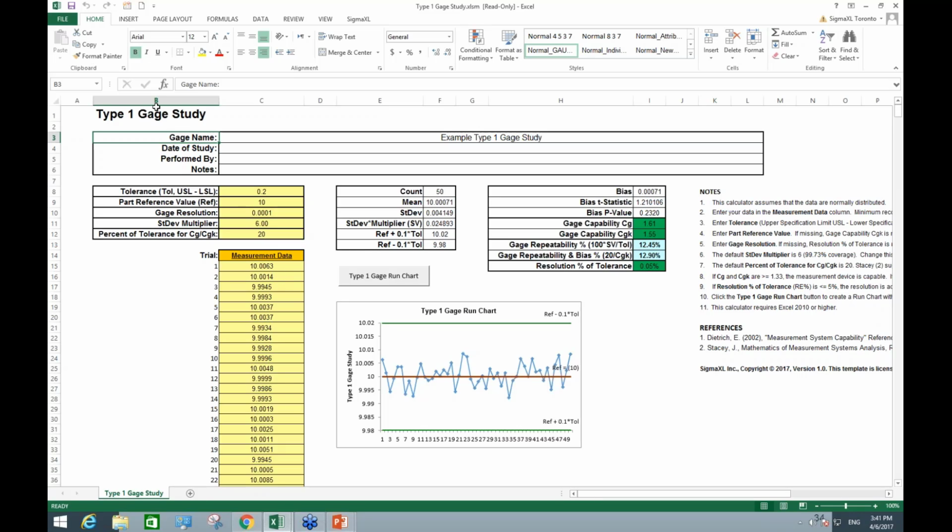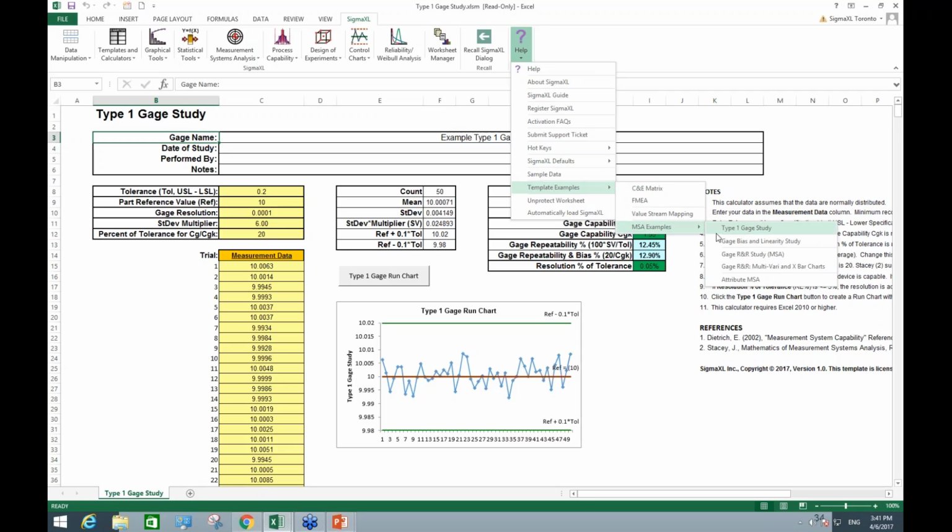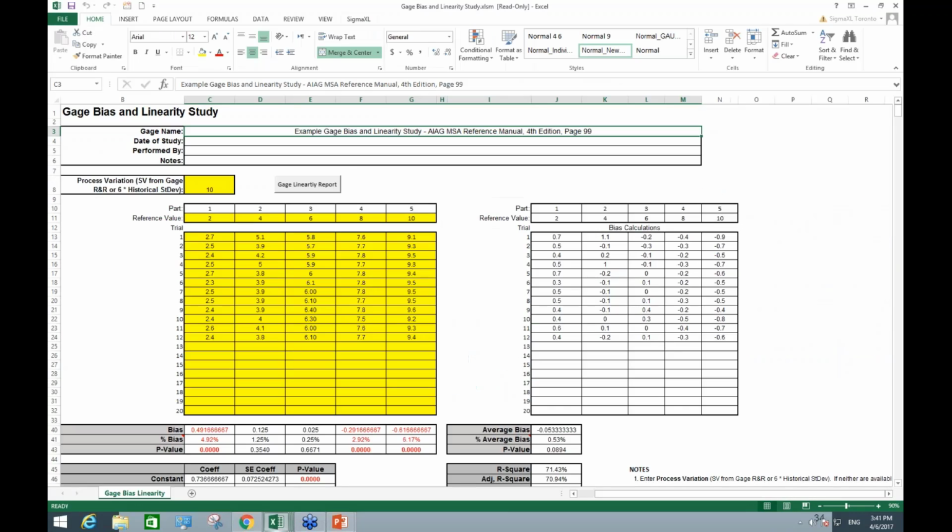Then you have your gauge linearity. For that, we'll open up under template examples, MSA examples, the one from the AIAG example. This is the gauge linearity report, the gauge bias and linearity study.